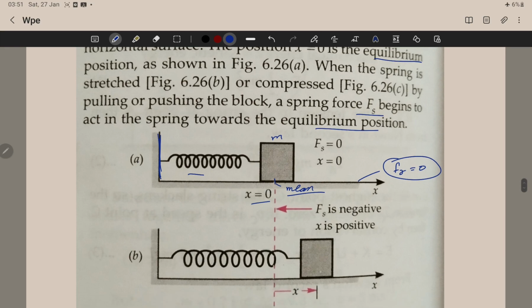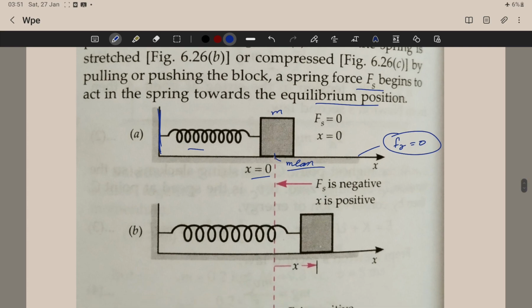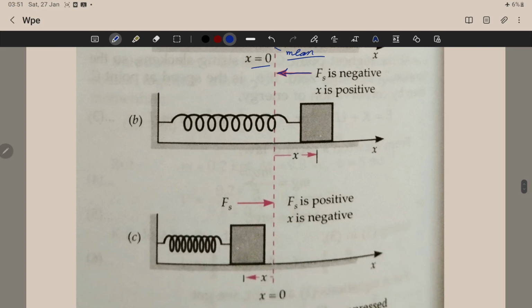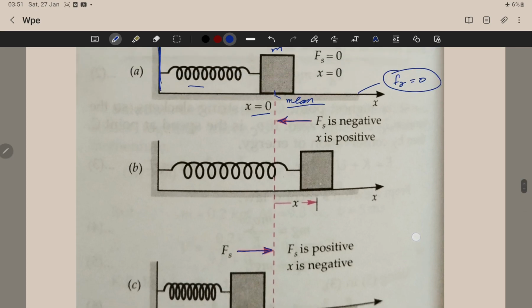This spring force wants to maintain the block at the equilibrium position. So if we pull this block away from the equilibrium position, this force will act towards the equilibrium position. And also if we compress the block, this force again acts towards the equilibrium position.